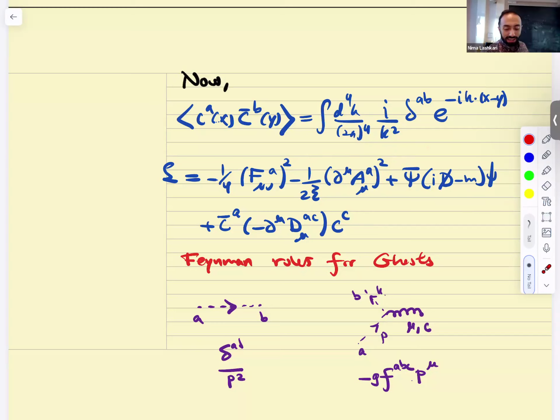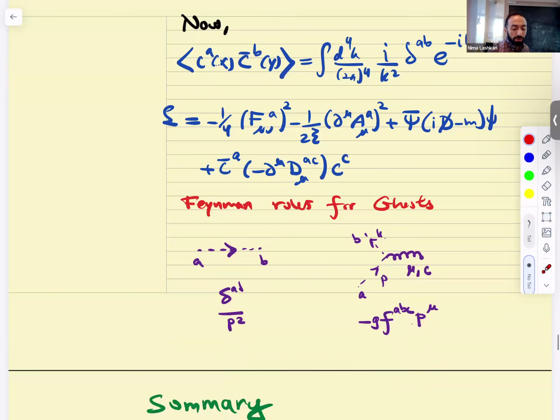And these are the gluons that also carry a label. c-bar^A, c^C, this is the d A_mu^C. Now, because we're running out of time, we're going to write down all the vertices for non-abelian gauge theory in the next lecture.